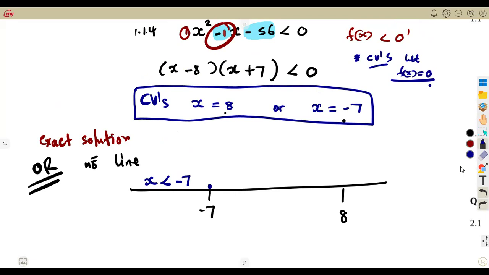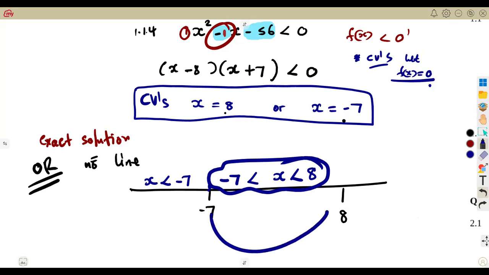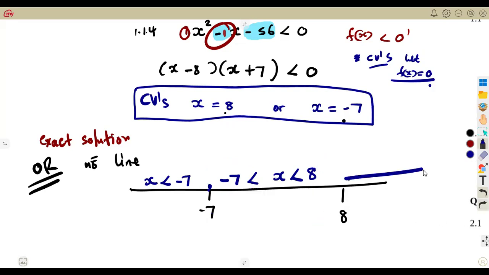In between -7 and 8, how do you write your solutions? X is going to be greater than the smaller number, which is -7, but less than the bigger number, which is 8. These are the solutions in between -7 and 8. From 8 going this side, these solutions are greater than 8, bigger than 8.